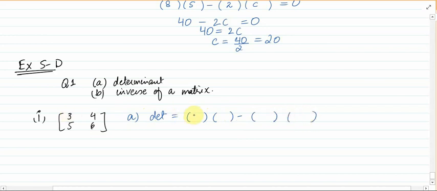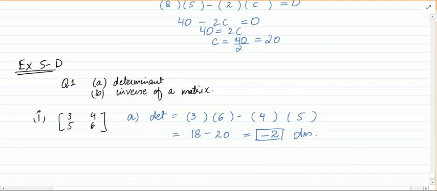So A is 3, D is 6, B is 4 and C is 5, right? So 3 times 6, 18, minus 5 fours are 20. So determinant is negative 2. That is your answer for the first part. Now the determinant is not 0, that means the inverse is possible.